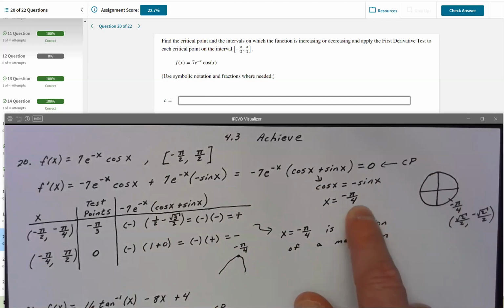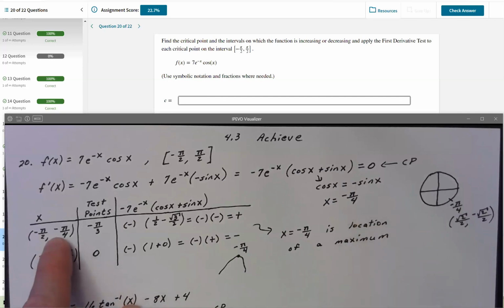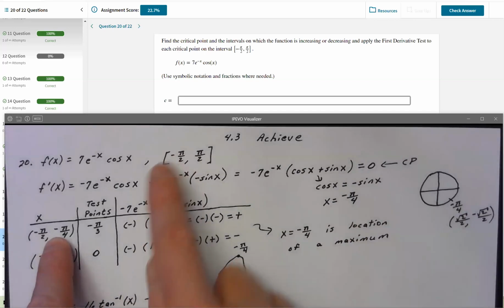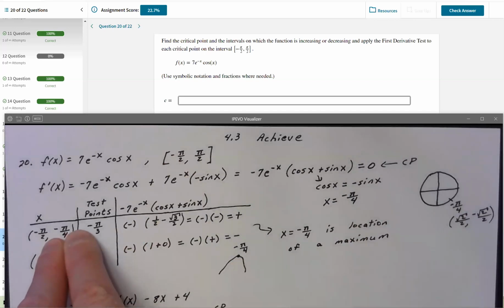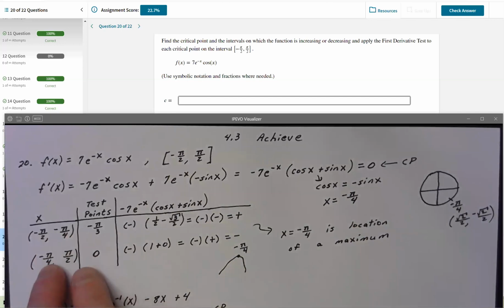Now, is that critical point a maximum, minimum, or possibly neither? Well, we do our first derivative sign test by breaking up the domain of the function with that critical point. My first test region goes from negative pi over 2 to negative pi over 4. My second goes from negative pi over 4 to pi over 2.